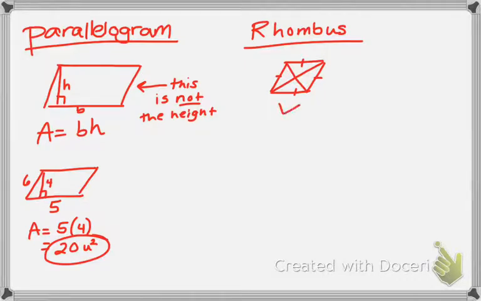So we have this diagonal, which I'm going to call the longer one, diagonal 1. And then this one going this way, I'm going to call diagonal 2.